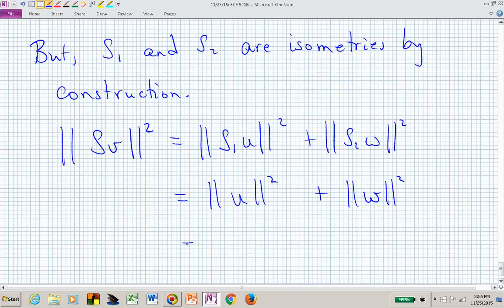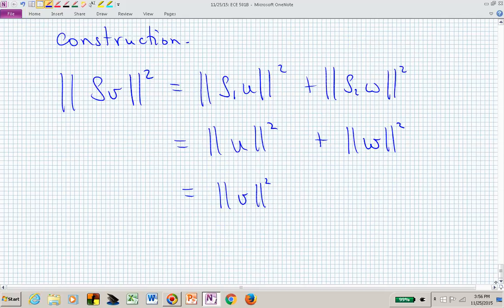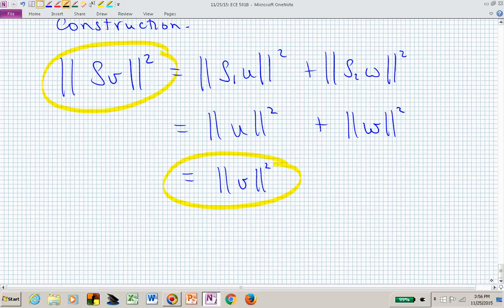But now, remembering that U and W were orthogonal to each other, we can then conclude, since V was made up of U and W, we could again invoke Pythagoras's theorem to show that the norm of U squared plus the norm of W squared gives us the norm of V squared, and looking at this piece equaling that piece now says that S indeed is an isometry.